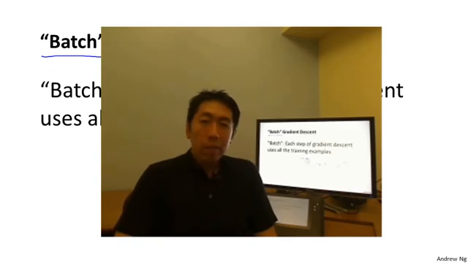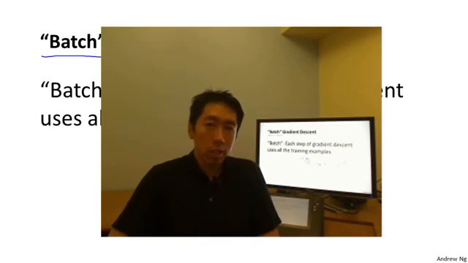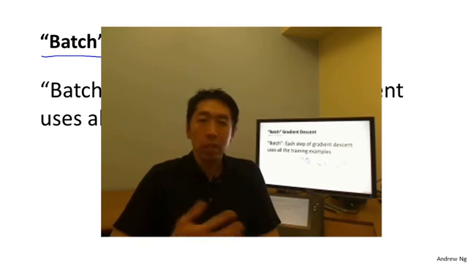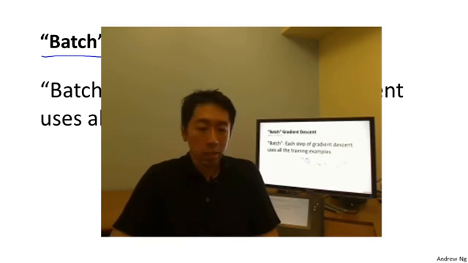If you've seen advanced linear algebra before, some of you may have taken a class in it, you might know that there exists a solution for numerically solving for the minimum of the cost function J without needing to use an iterative algorithm like gradient descent. Later in this course, we'll talk about that method as well, which solves for the minimum of the cost function J without needing multiple steps of gradient descent.